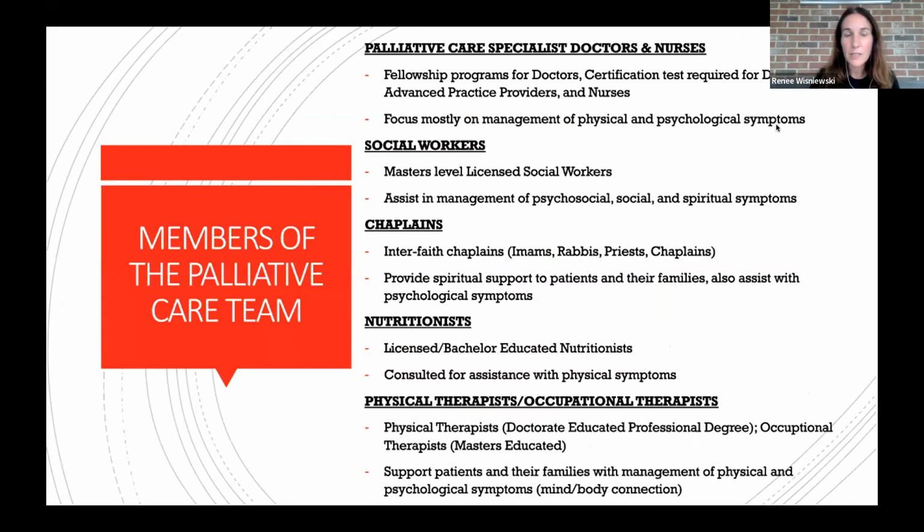Doctors and nurses, social workers, again, chaplains. At the institution I work at, we do have interfaith chaplains, imams, rabbis, priests, pastors. We have nutritionists who can help guide patients in choosing food that's helpful and can be tolerated. We have physical therapists and occupational therapists to help with modifications within the home.